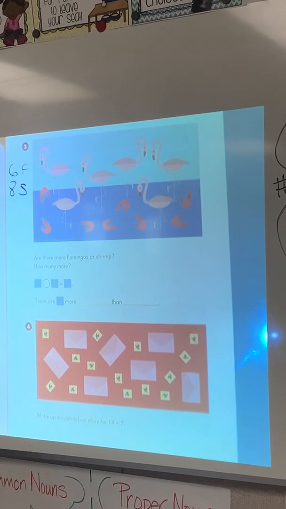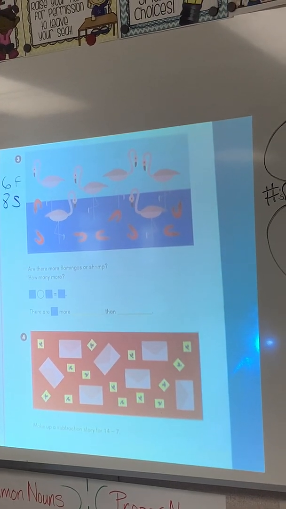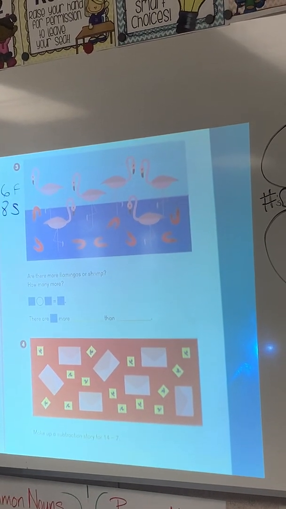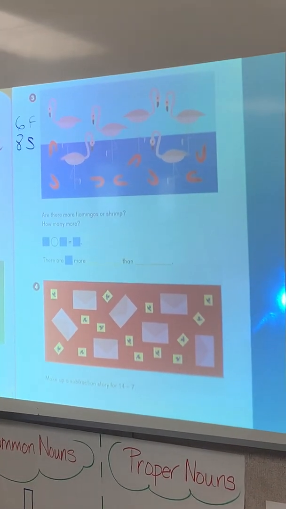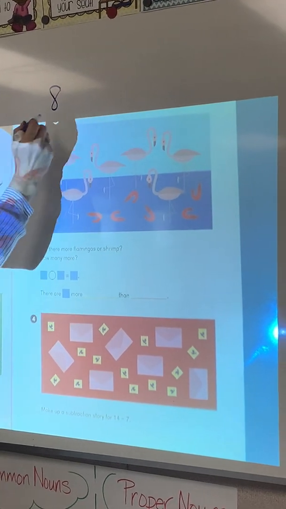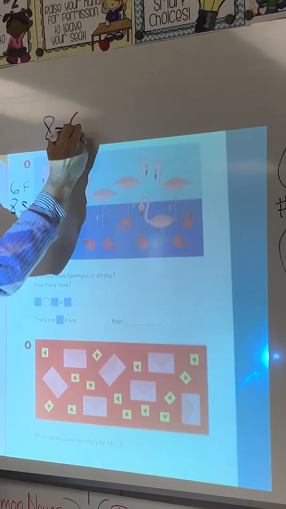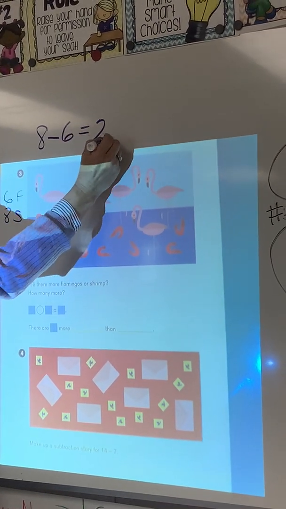Are there more flamingos or shrimp? There are more shrimp. How many more? How do we figure this out? What do we have to do? Think about it. Oh, yeah, we have to make an equation. The equation is the amount of shrimp minus the amount of flamingos is going to give us the difference of those two numbers.